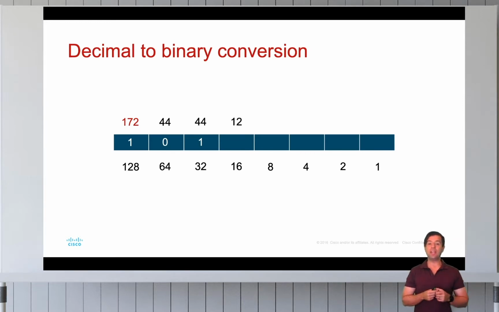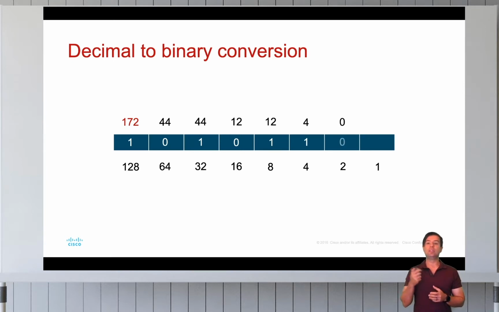So then we ask again, is 16 greater or smaller than 12? No, it doesn't fit. So we carry the 12. Is 8 smaller than 12? Yes, it is. So 12 minus 8 is 4. Is 4 greater than 4? No, it isn't. It actually fits into 4. So in other words, 1, and 4 minus 4 is 0.